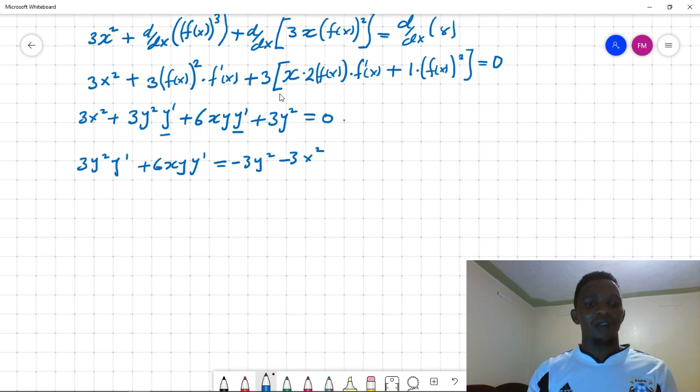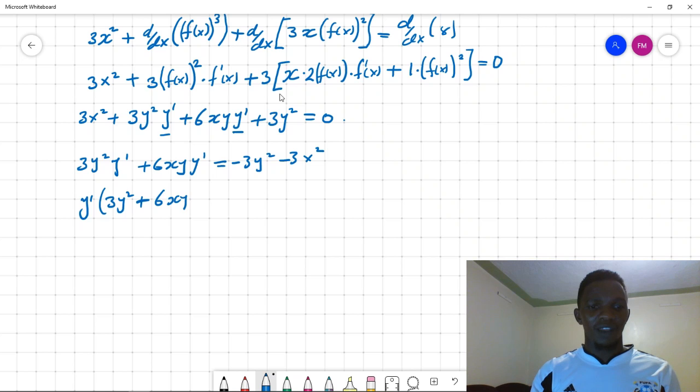We factor out y prime, so we will have y prime into 3y squared plus 6xy is equal to minus 3y squared minus 3x squared.